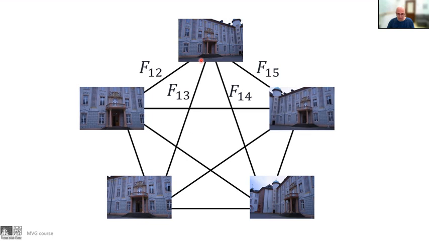We solve the epipolar constraints, depending on whether they are calibrated or not calibrated. We may have all or a subset of the fundamental or essential matrices. The measurements are noisy, and we want to make them consistent. We want to average these measurements.